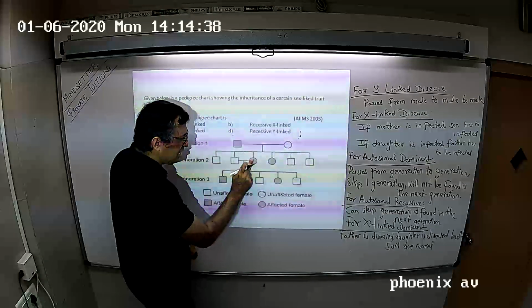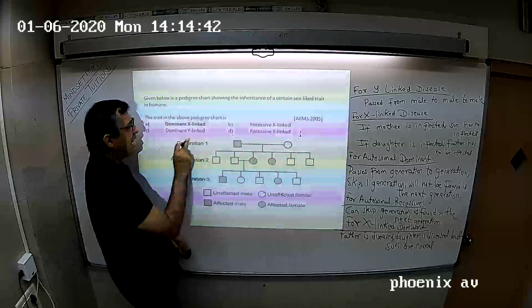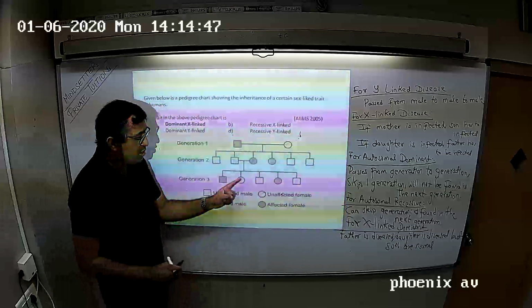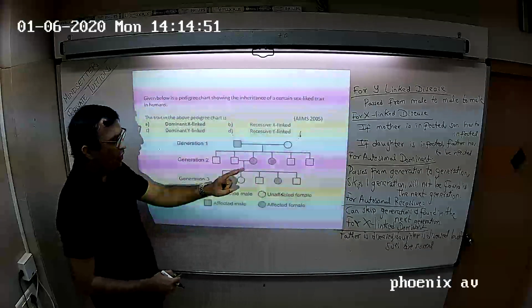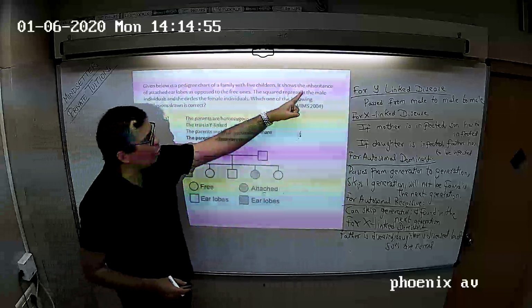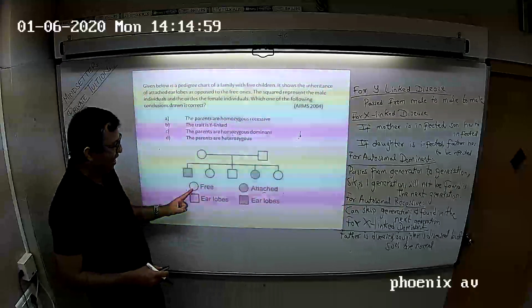Father is diseased, daughters are diseased, but sons are normal. Then which one is this? Dominant X-linked disorder. So which is this disorder? Dominant X-linked disorder. Beautiful logic.